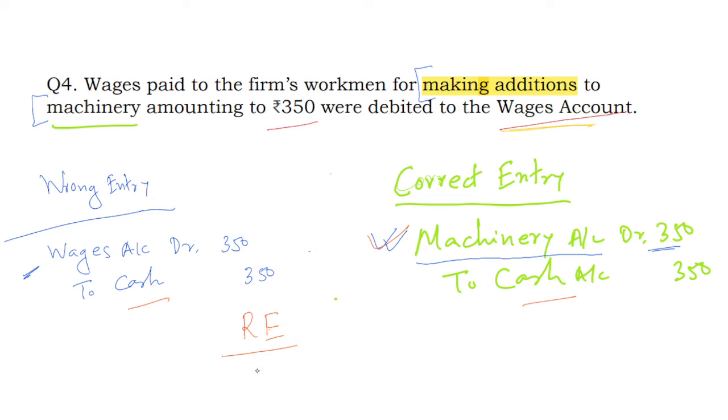So first we write machinery account, debit 350 to wages. Why is wages credited? Because it was wrongly debited earlier, so we are now crediting, so the effect will be neutral.